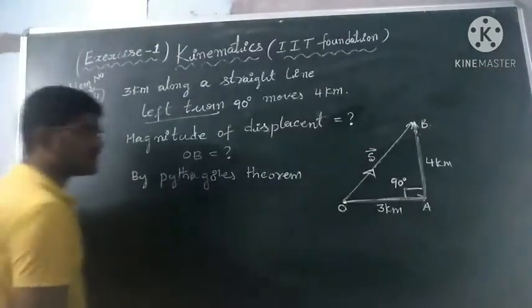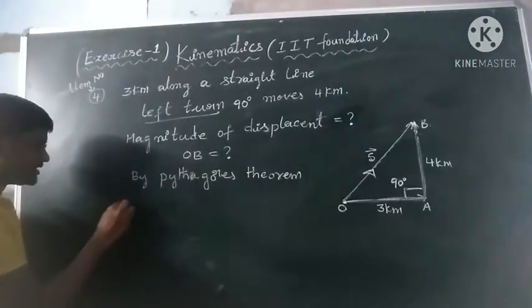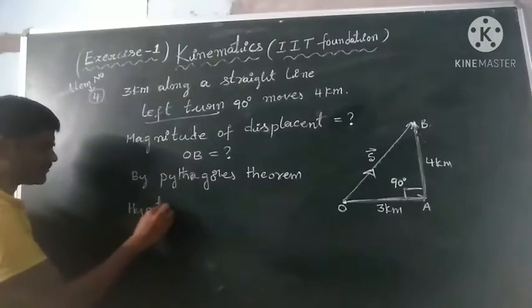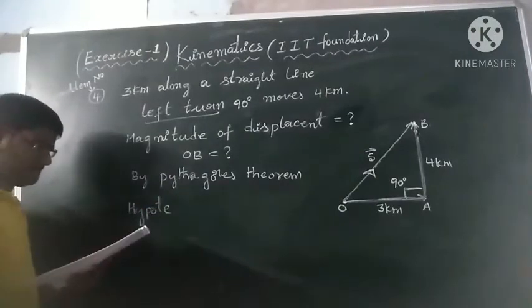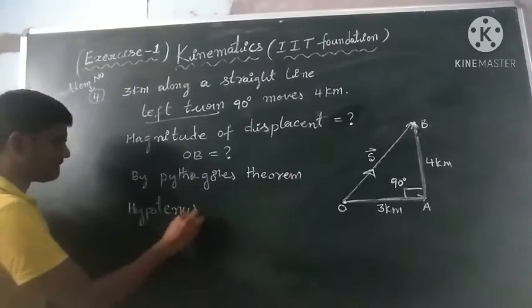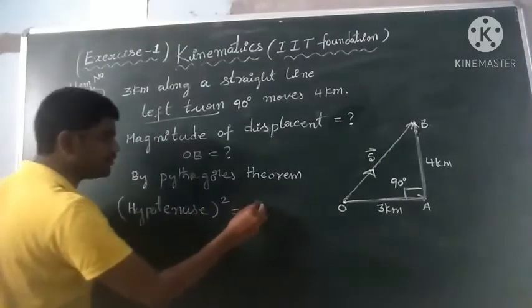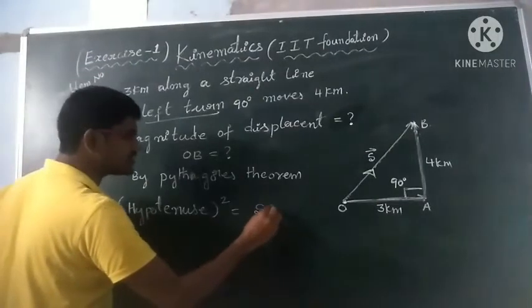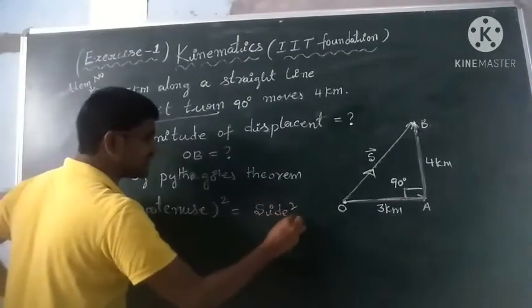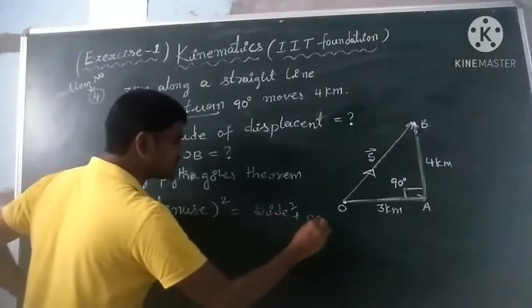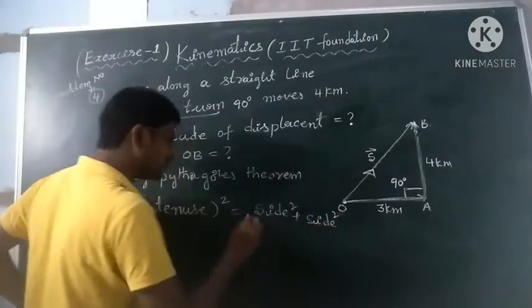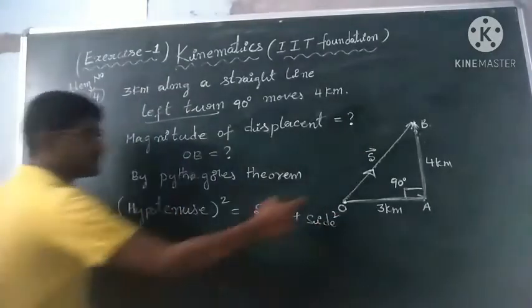So by Pythagoras theorem, hypotenuse square is equal to what will we write, students? Hypotenuse square equals side square plus side square.